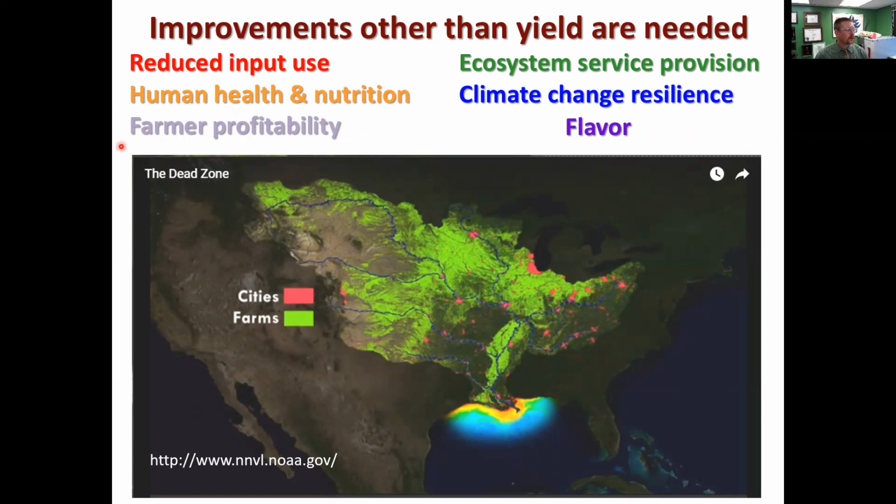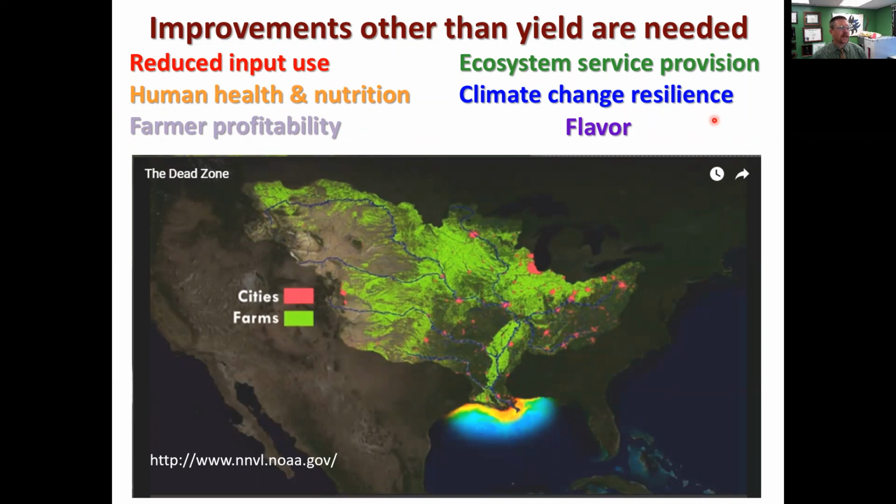If farmers aren't profitable, then their operations are unsustainable. So we have to make it so that any improvements we make benefit the farmer to keep them in the system. Ecosystem service provision. We want healthy water, we want healthy air, we want healthy soil. And so we want wildlife that can create a resilient ecosystem to prevent us from large pest outbreaks, for instance.